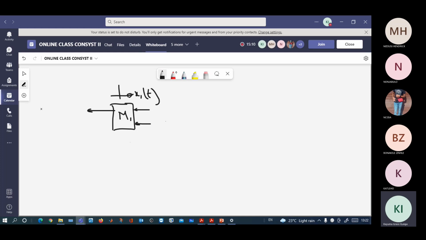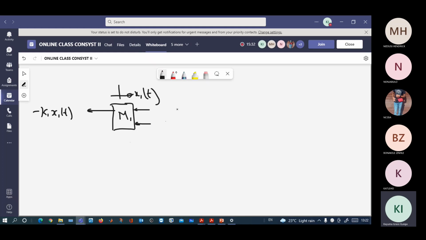Then we have K1, so this one is going to be K1 times x1(t). This is the first force. Because it's negative, we can put a negative sign.